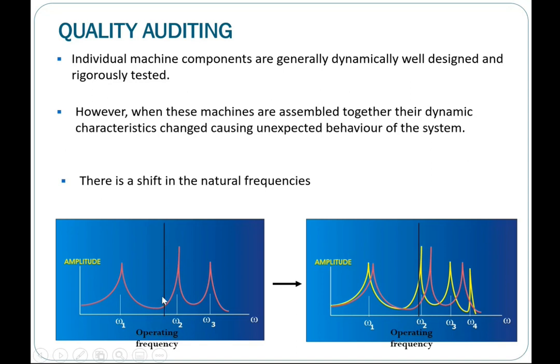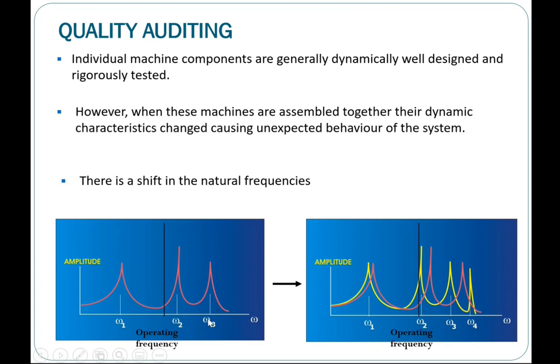But then when you assemble this motor, for example, this is the motor natural frequency, but when it is assembled to pumps, sitting on a skid and then on the main skid and support, probably that natural frequency will be shifted. If you have not properly looked into its dynamic design, you will see that this peak has now shifted from this red line to these yellow lines.